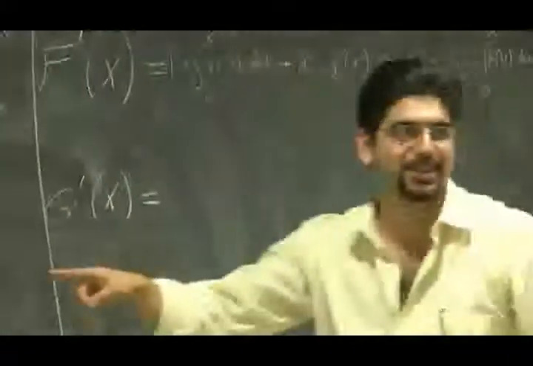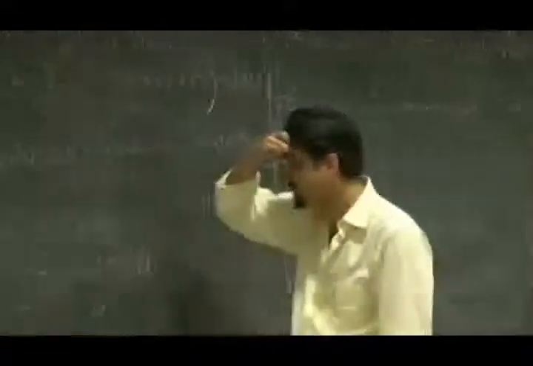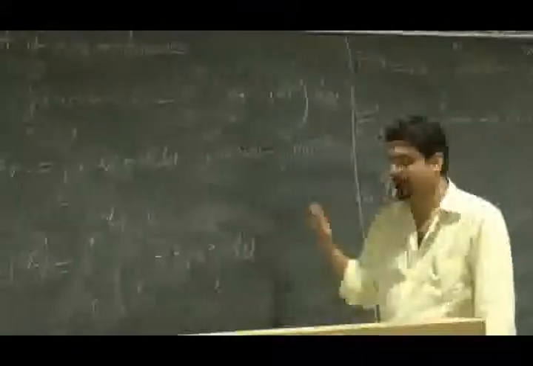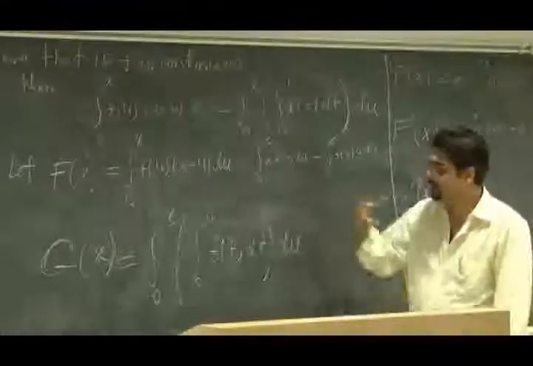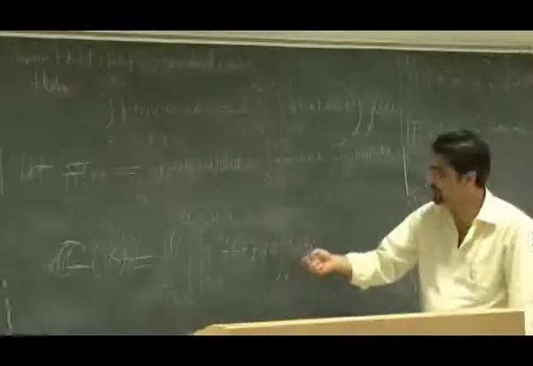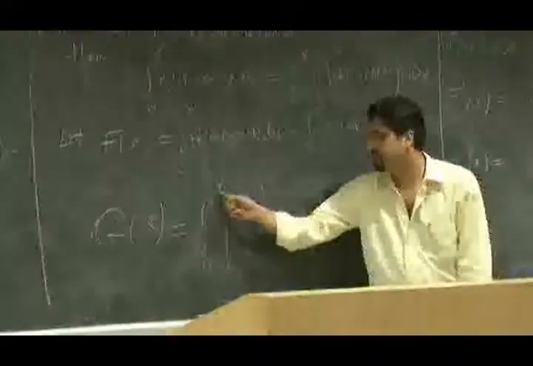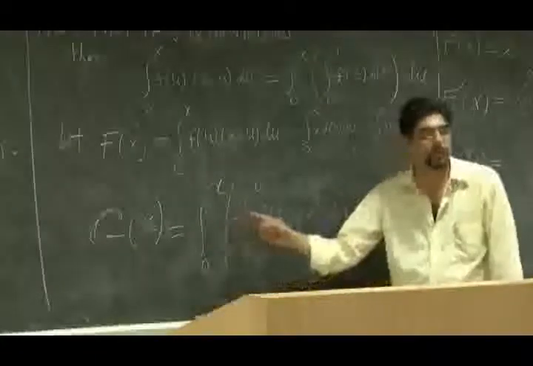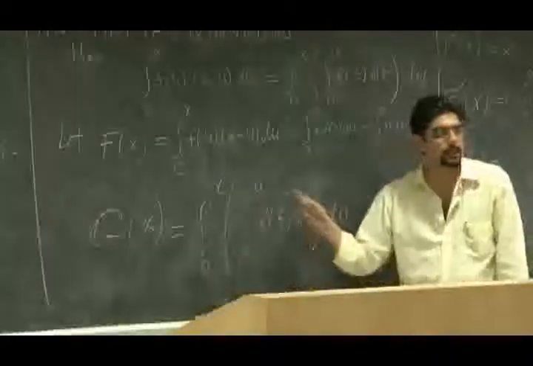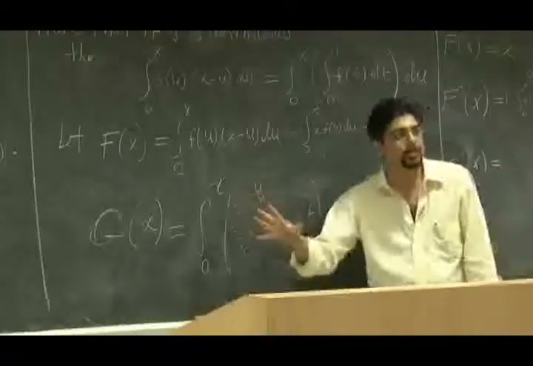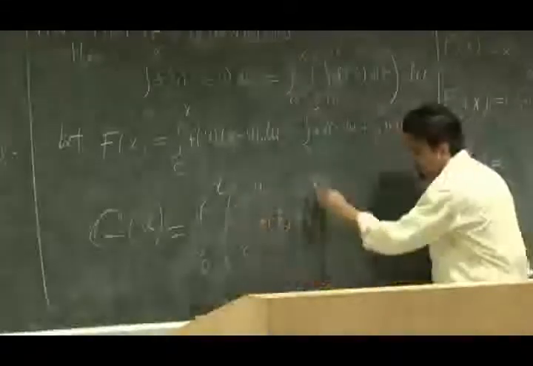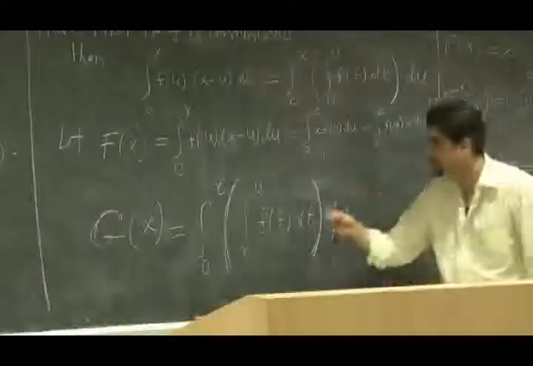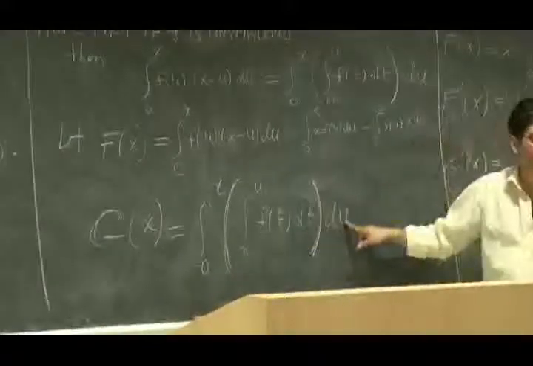Okay, let's go back here and look at this for a minute, okay? So we're saying that this is a function in x. And according to the fundamental theorem, we just remove the integral sign and replace the variable in the integrand by x. Now let's look at the integrand. The integrand is everything in these parentheses. Yes? And the variable is u.